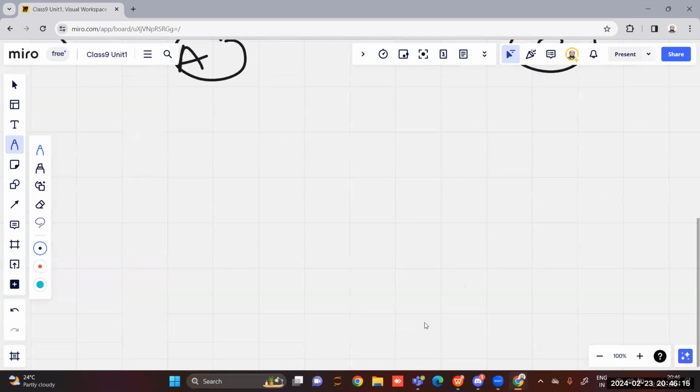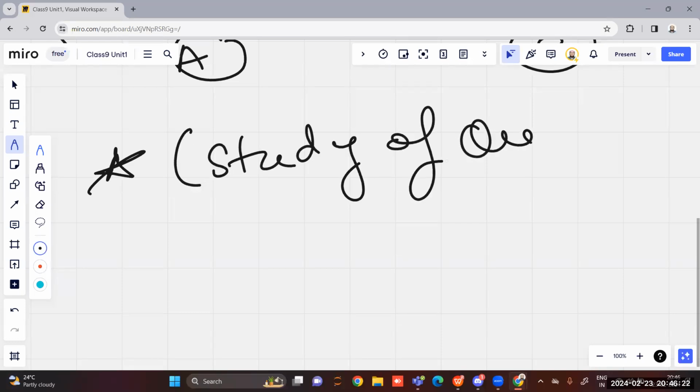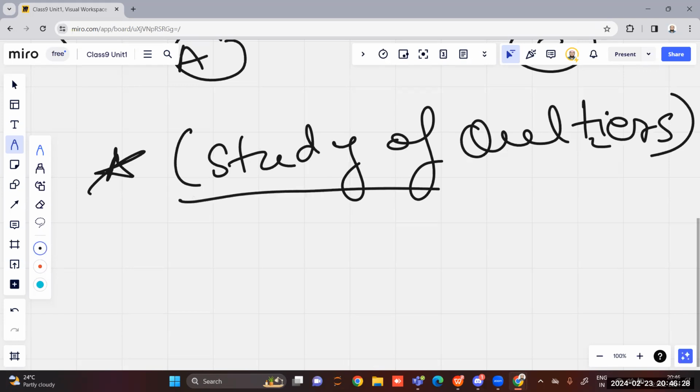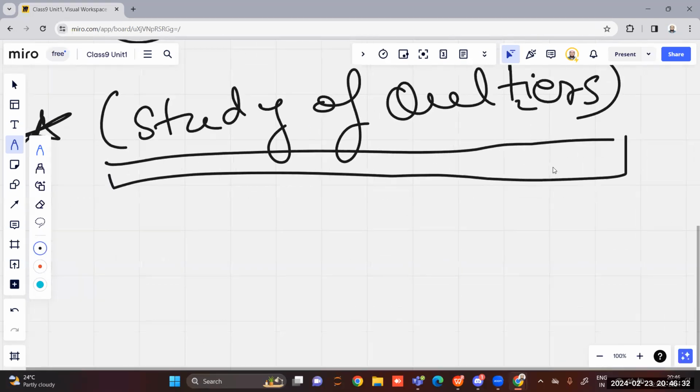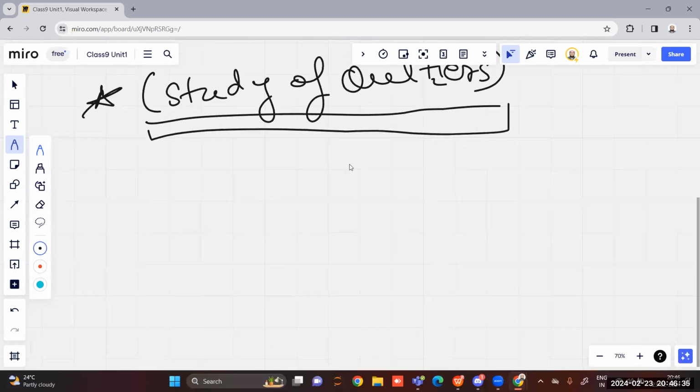Now we are going to study the most important topic. This is also known as the study of outliers, and there is one more name for it. I think it's called the five-number summary, something like that. I can't recall the exact name, but we'll see it further. I think the name is there in your textbook.